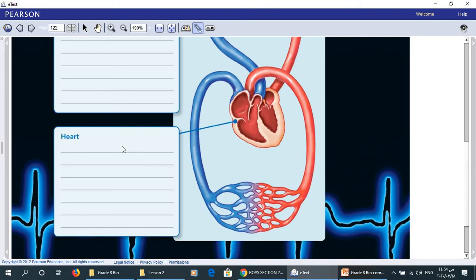So, the heart is a muscle that pumps blood, allowing oxygen to be sent to the body and carbon dioxide to be removed from the body.